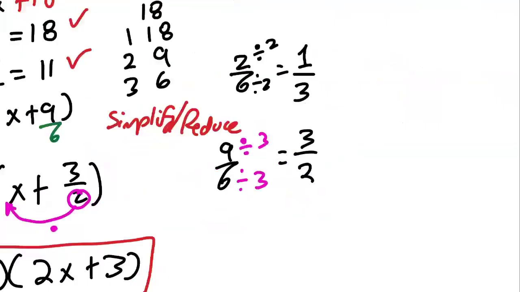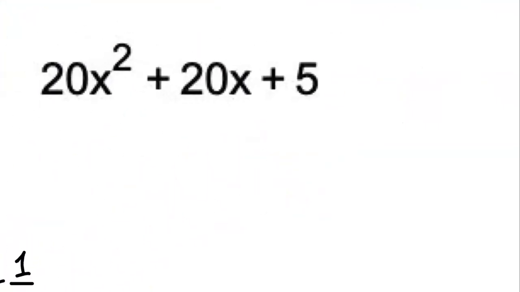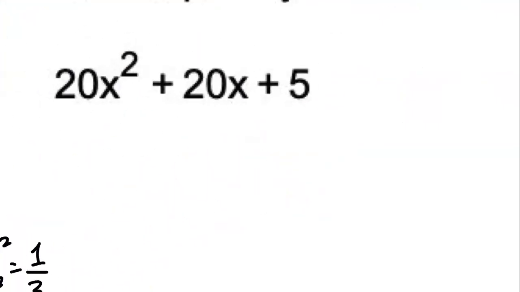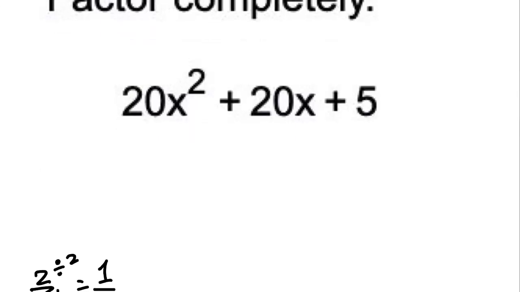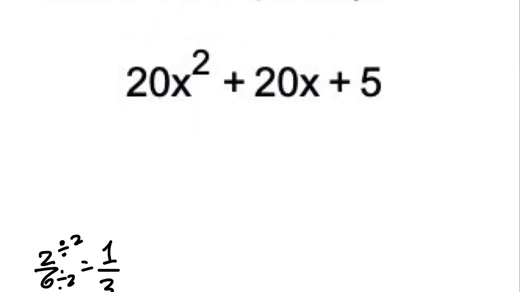All right, more practice because we need to practice. Okay, 20x squared plus 20x plus 5 for number 4, factor completely. So in this case, what does 20x squared factor to? 2 times 2 times 5, x times x, right?